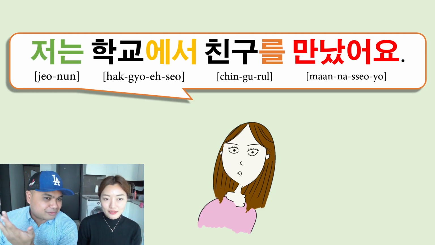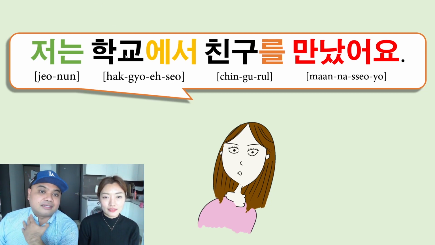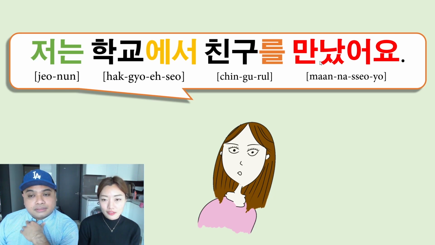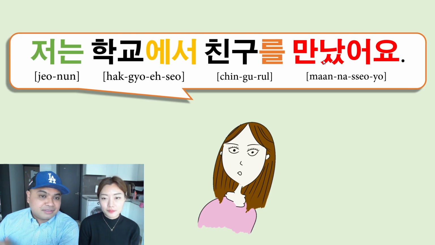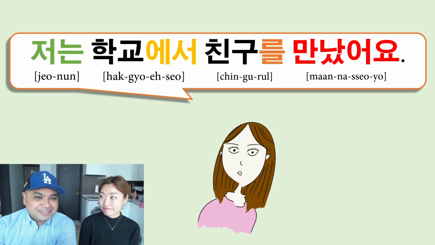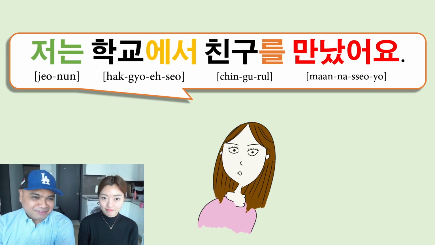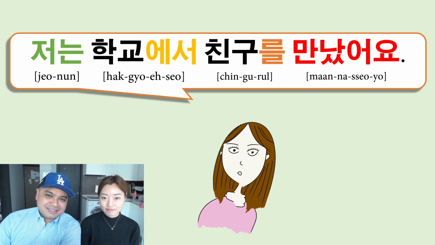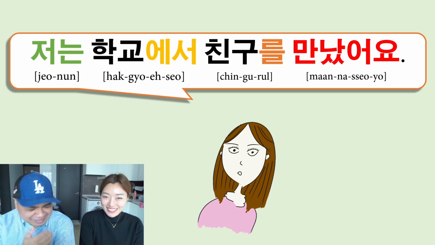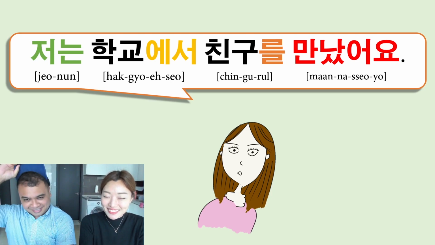So, of course, first part, 저는, I. And then 학교에서, the location, at school. Then the object, 친구를. And then 만났어요, the verb at the end, okay? So that's our recap. Looks simple, right? All you need is who, the place, the what, and then the verb. Easy.